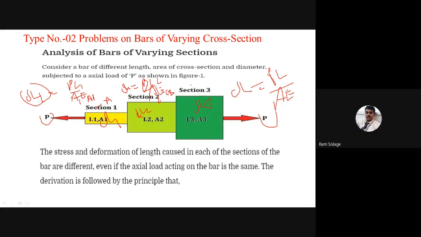Similarly, we can calculate delta L3 for section 3. Same formula, PL upon AE. P is common. Instead of L we take L3, A3, and E. Suppose this material is steel, so we take E for steel.